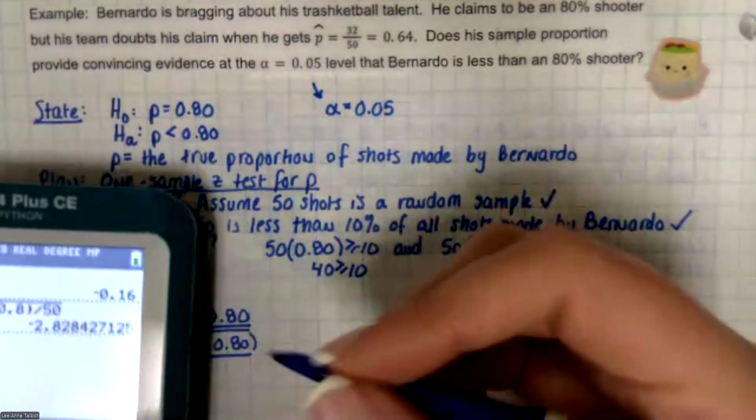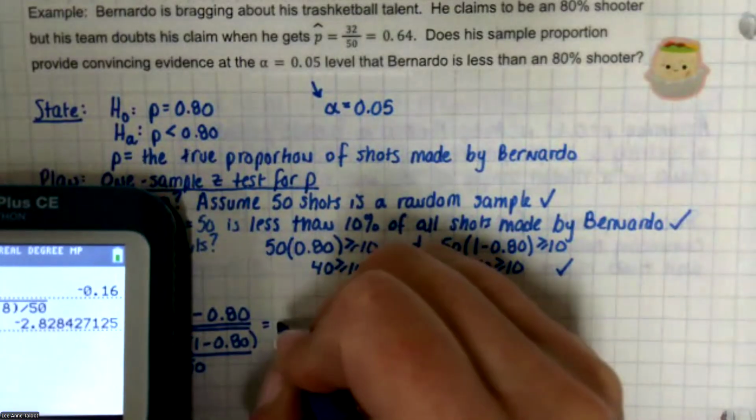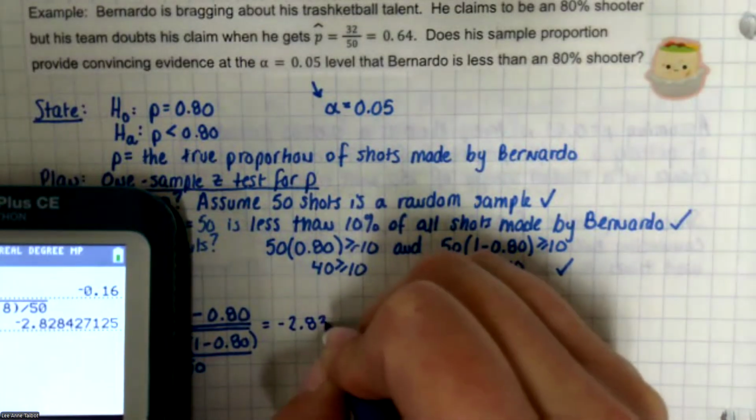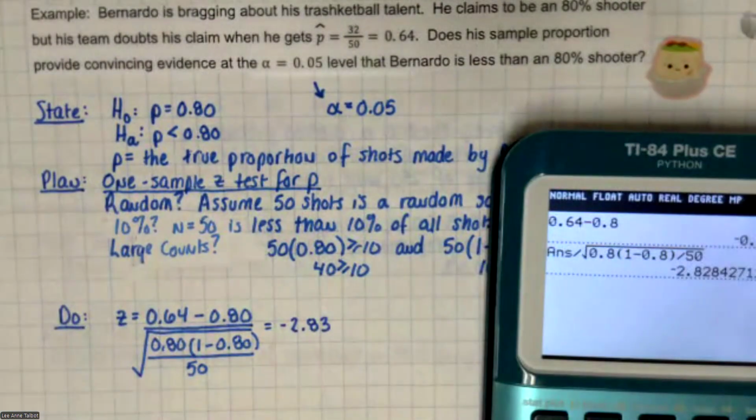And I usually round my z-scores to 2 decimals. All right, now, because I am a seasoned professional, I am a hypothesis test black belt, maybe 4th degree.